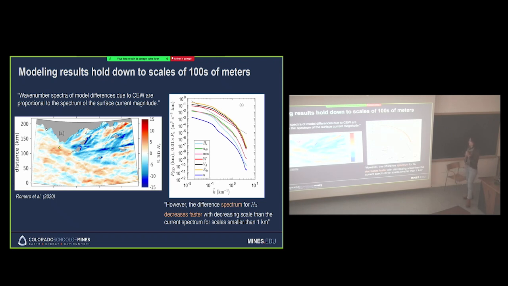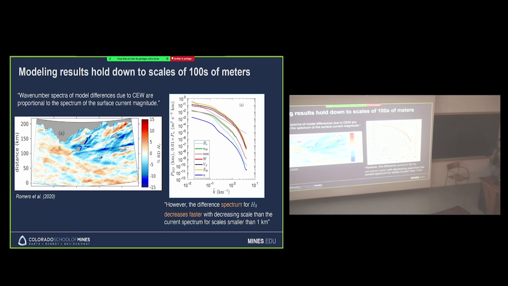And Lionel found something similar, that even at such short scales, the significant wave height seems to follow the spectrum of the kinetic energy. However, if you focus here, the blue is the kinetic energy spectrum, and you see that at very high wavenumbers, the significant wave height actually decays faster than the kinetic energy. And we're going to come back to this point later in the talk.